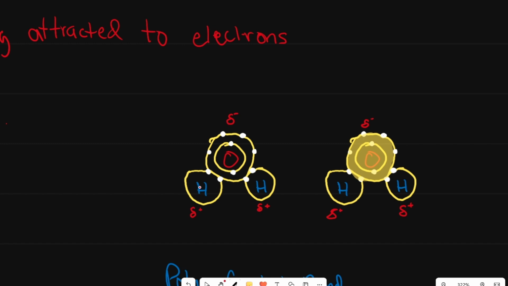Again, hydrogen does not have a high electronegativity, meaning that it's not going to be greedy for these electrons. Because of this, it creates a partial positive, because the electrons carry a negative charge, so they're pulling them away from the two hydrogen elements. This creates a partial positive side and then a partial negative.